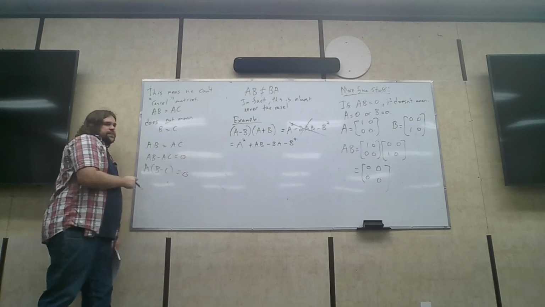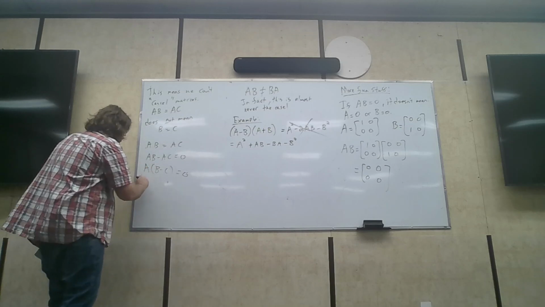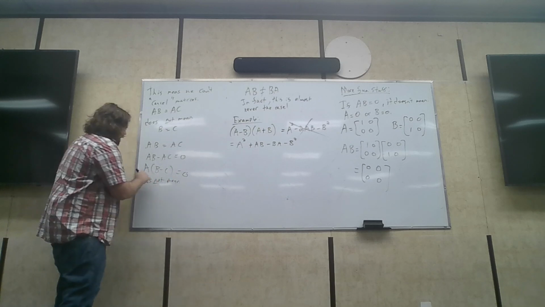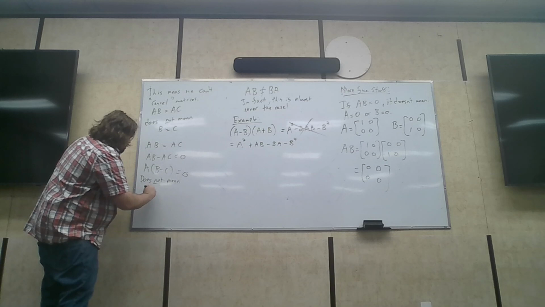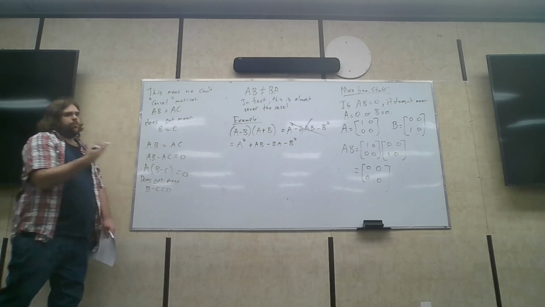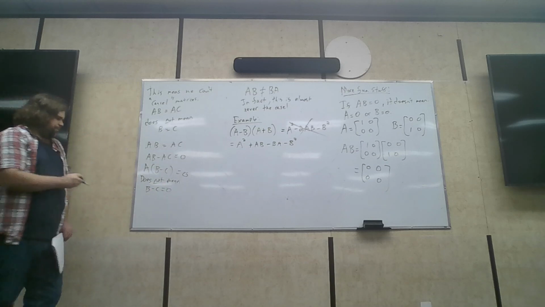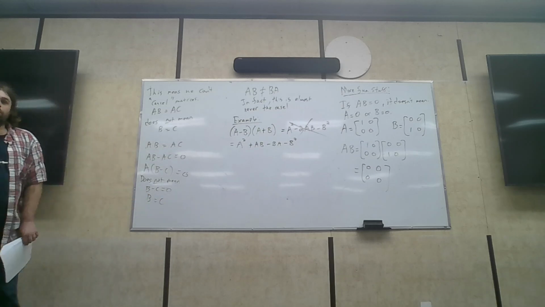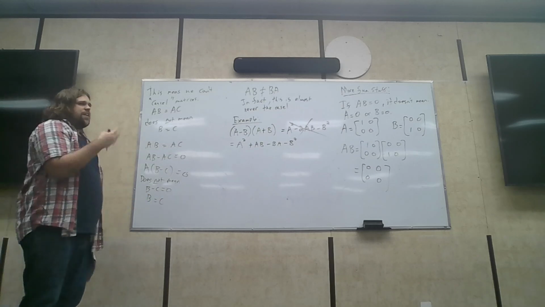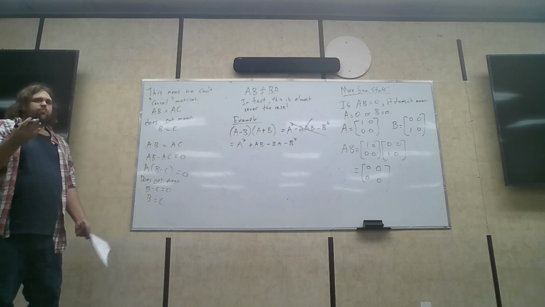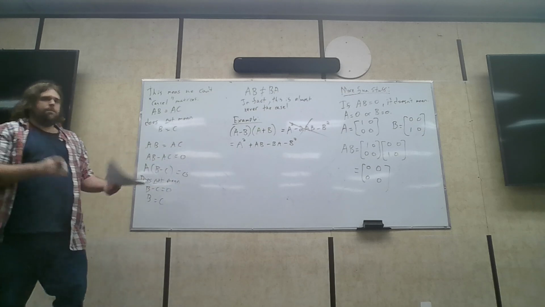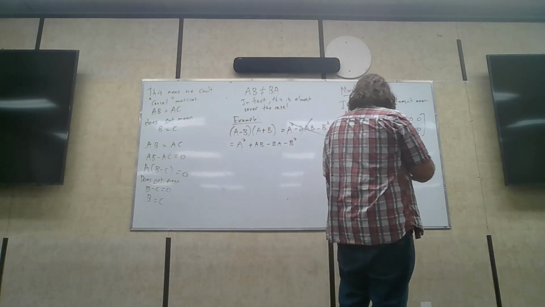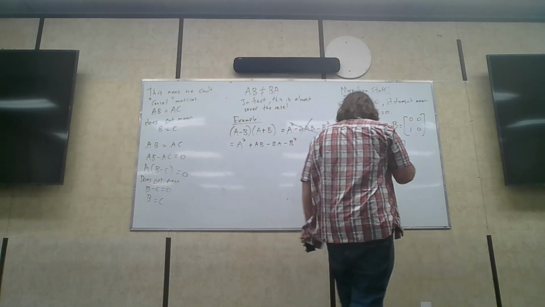But now we know this does not mean that A is 0 or B minus C equals 0, which would mean that B equals C, right? So that's something we can't do either. We're so used to that. If you have 5x equals 5y, you cancel the 5s, right? No, not with matrices.